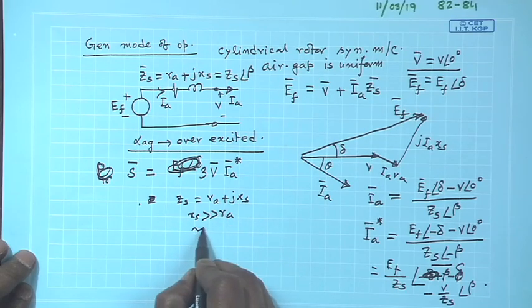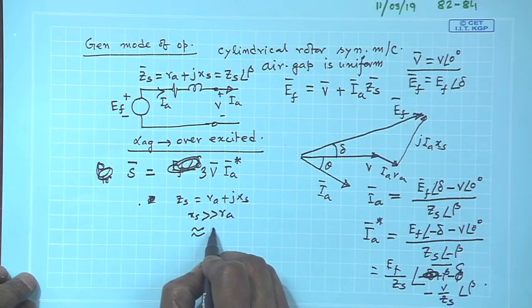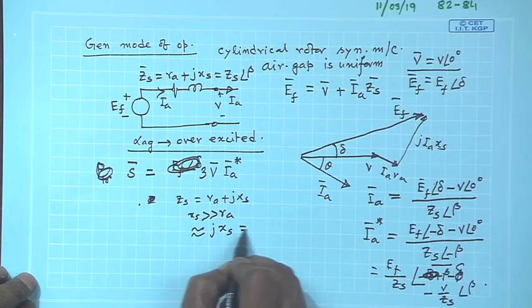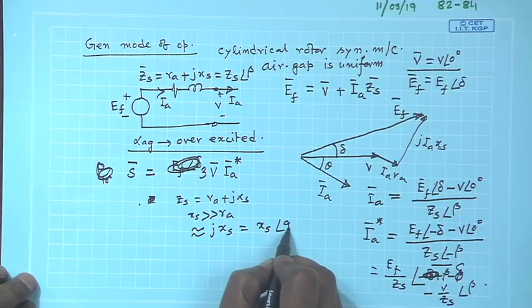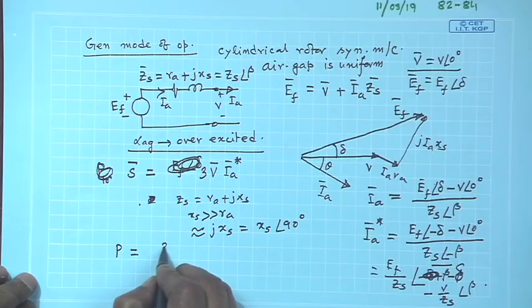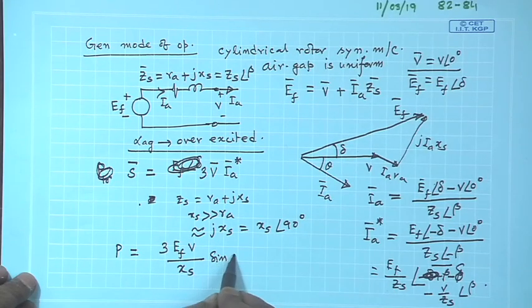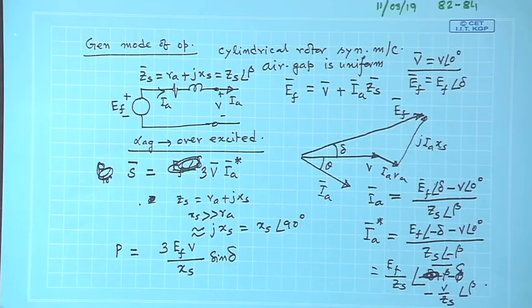So, people often use the approximation that this is j X S, equal to X S angle 90 degrees. If you do that, the real power output of the generator is a very famous equation: magnitude of E f, magnitude of V divided by X S, into sin delta. Since the synchronous machine runs at constant speed, this itself will be the expression of the torque.